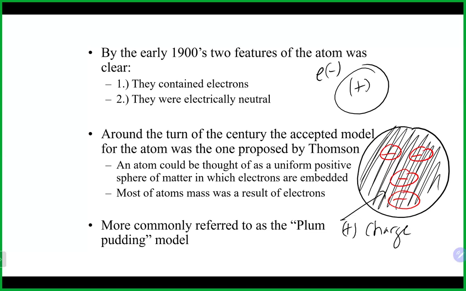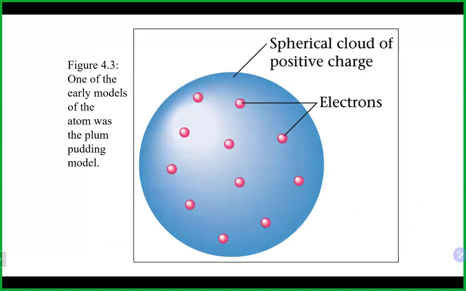A plum pudding is like a kind of rice pudding dessert with raisins embedded inside. So the pudding part is like the positive charge, and the electrons embedded in there are like the raisins. A much nicer picture of it, as you can find in your book, looks something like that.